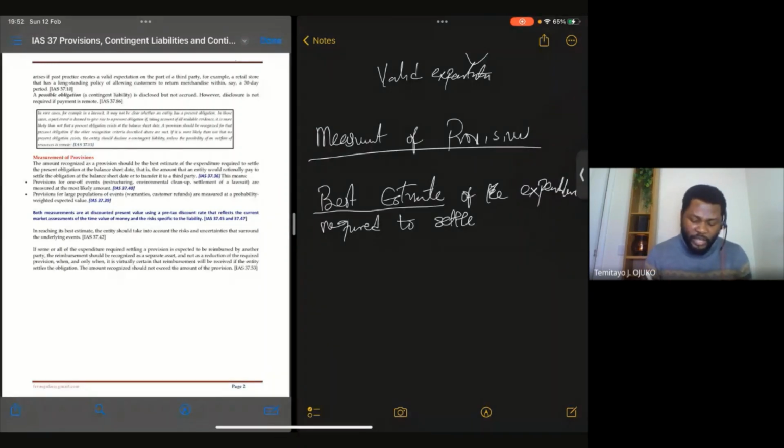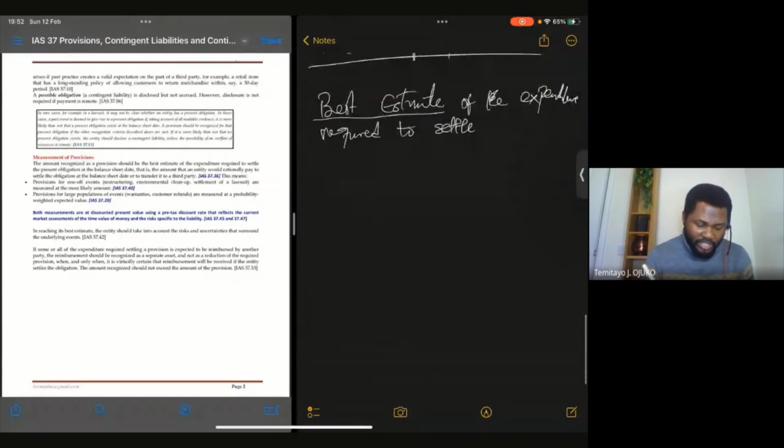Now, it is also important that we talk about provision being one of event, for example, restructuring, environmental cleanup, settlement of a lawsuit. Before I move to the next one, it can be measured at the most likely amount.